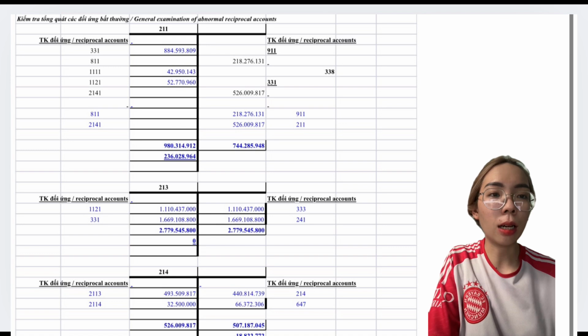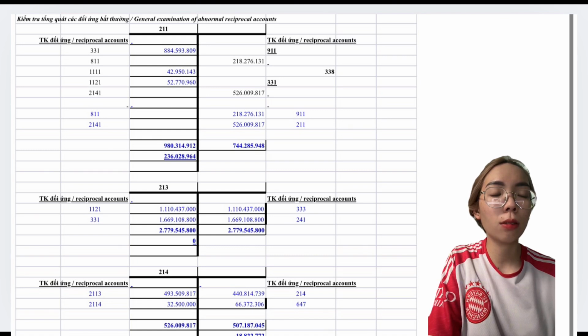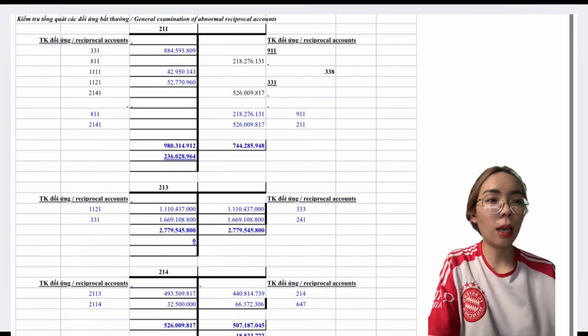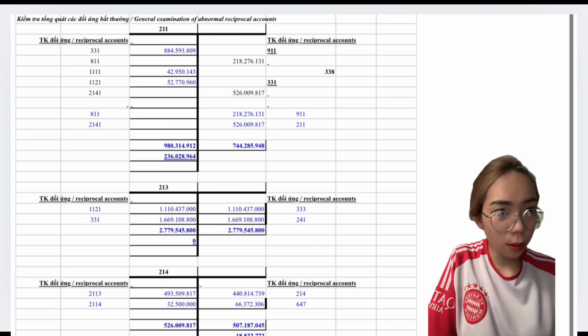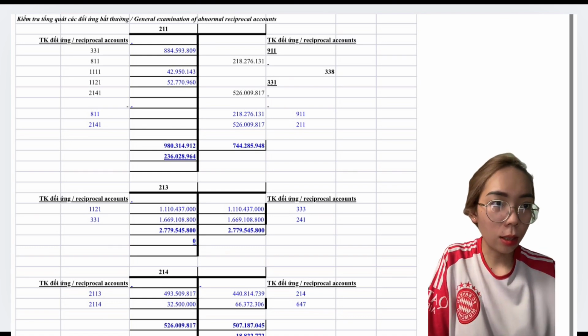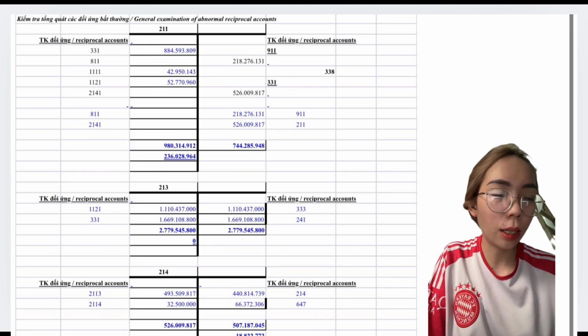So the total debit is 980,19,314,912, and the credit is 744,285,948.